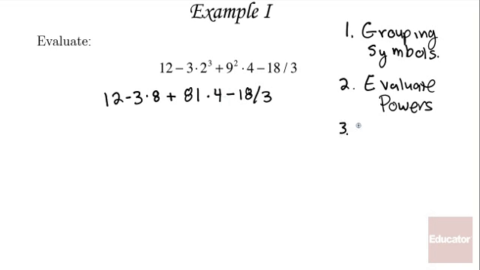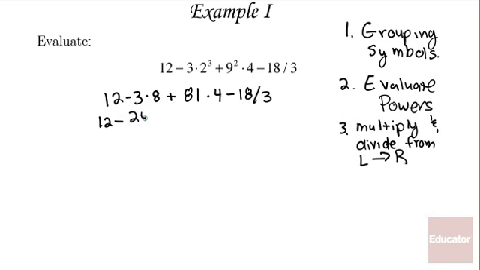Now I'm going to multiply and divide from left to right. So I'm going to begin on the left side of the equation. 12 minus 3 times 8 is 24. Okay.